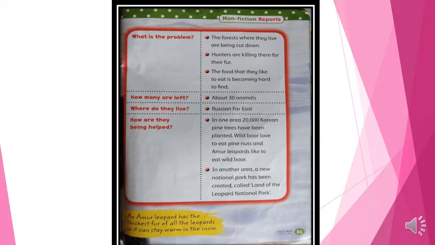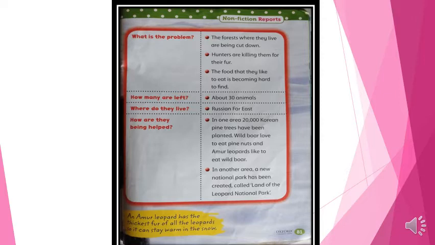Now come to the efforts of the human beings. What are the humans doing to save the species of armor leopard? Or you can say, how are they being helped by humans? In one area, 20,000 Korean pine trees have been planted. You know why?